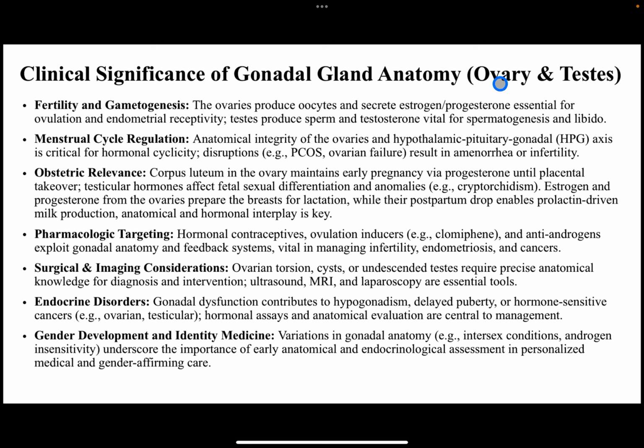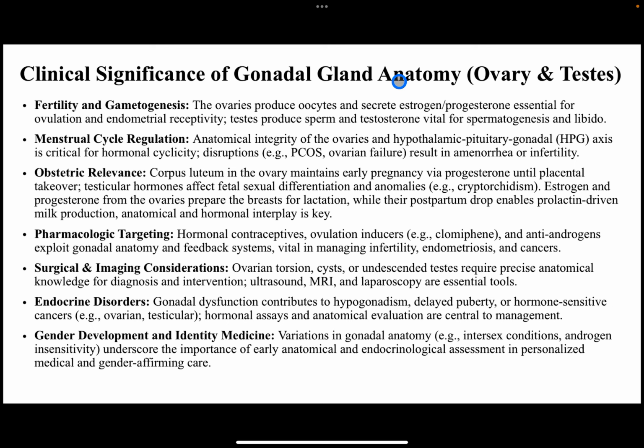We mentioned the granulosa cells and the corpus luteum. They play a role in the secretion of estrogen and progesterone, which are essential for ovulation and endometrial receptivity. Now the testes, on the other hand, play a role in the production of sperm, like the Leydig cells, and also in the production of testosterone, which is vital for spermatogenesis and libido.